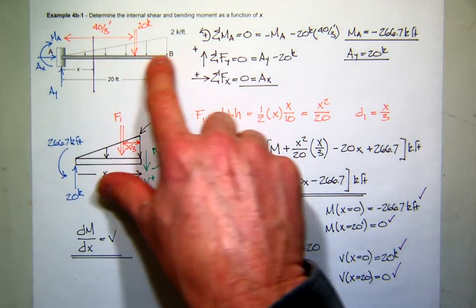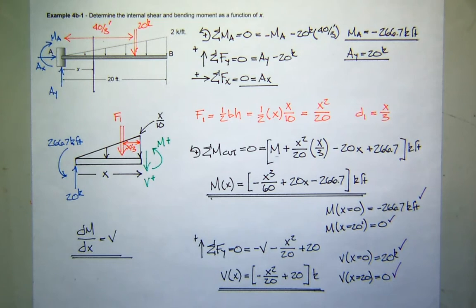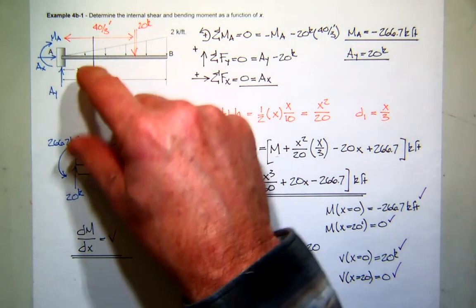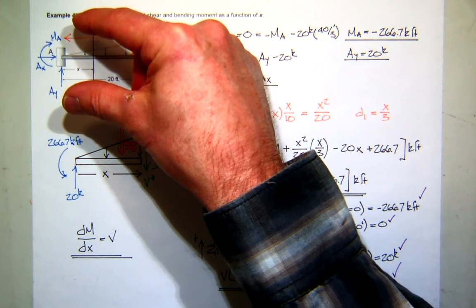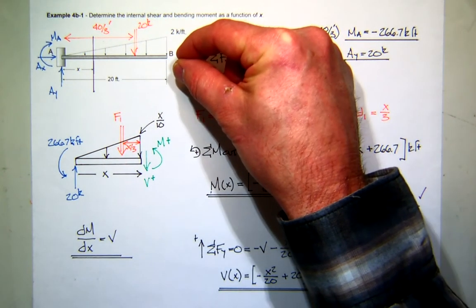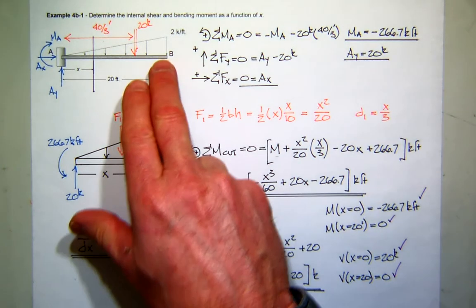This is a cantilever beam, so the maximum moment occurs at the connection. So a lot of times in cantilever beams, you'll see that they're very thick at the connection, where a lot of moment capacity is required, and that they taper down to very little moment capacity at the free end because there's very little moment at the free end. So if you see a tapered structure, that's very common for cantilever beams.